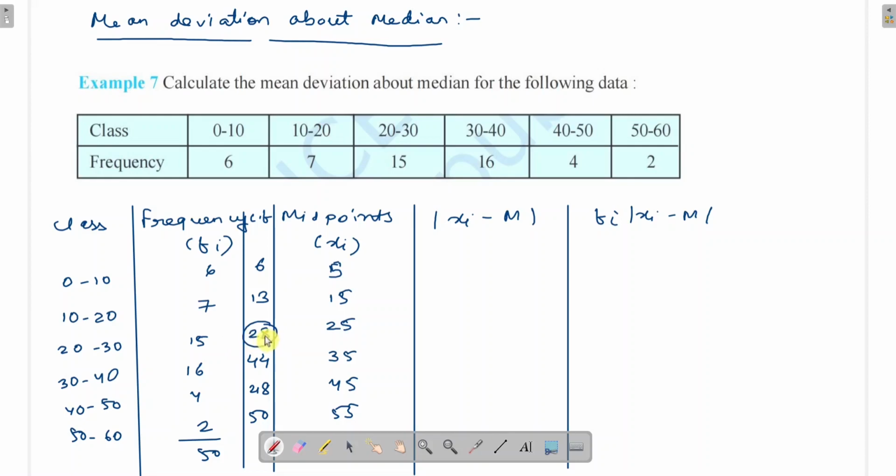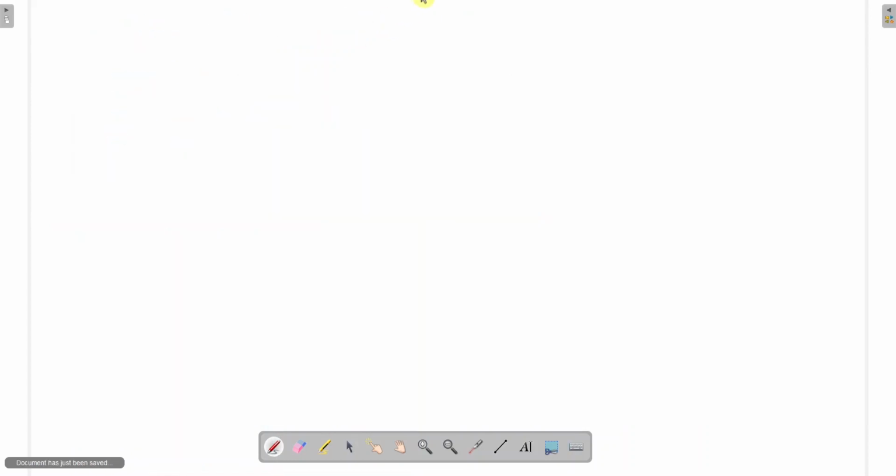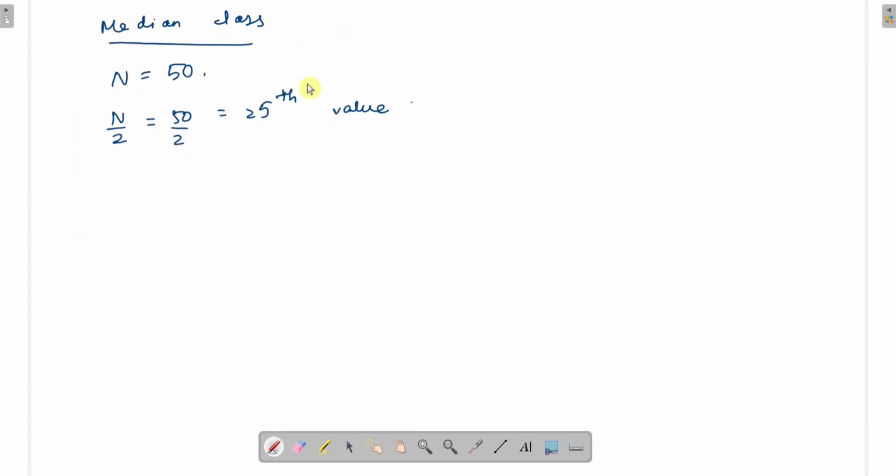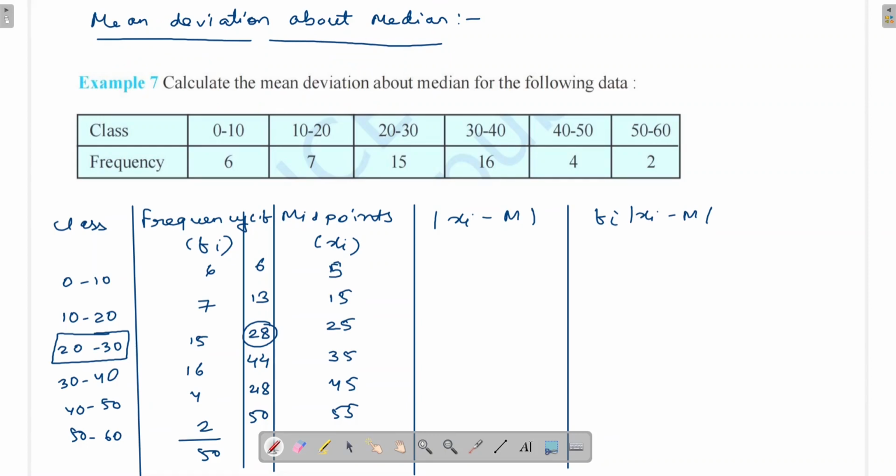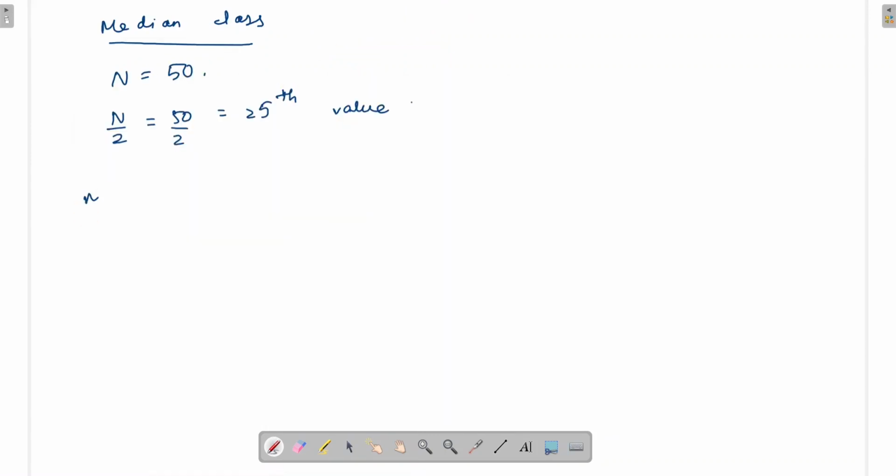Once you have this, the class corresponding to the cumulative frequency will be the median class. We got 28 here, so the corresponding class is the median class, that is 20 to 30.